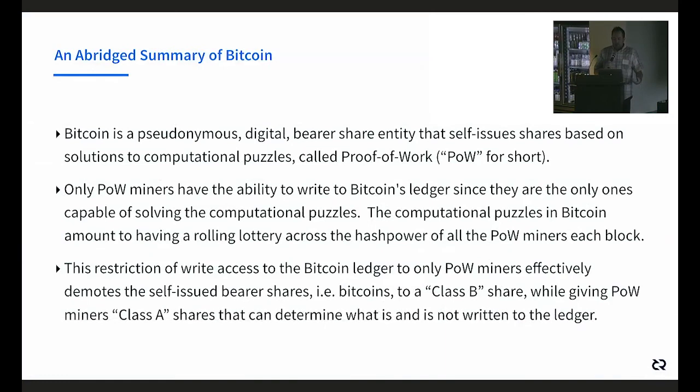Now, this restriction on right access to the ledger creates an odd splitting, because I think with Bitcoin, the original idea was, let's do something that no one else has done, let's get rid of the third party. But in doing that, there's some extra complexity that comes up. In order to get rid of the third party, you needed to create a proof of work solution to a problem.